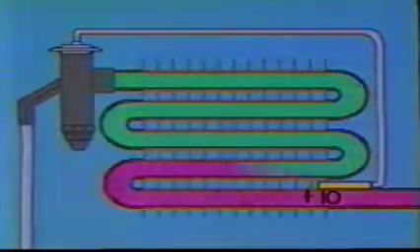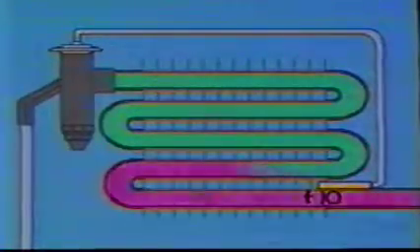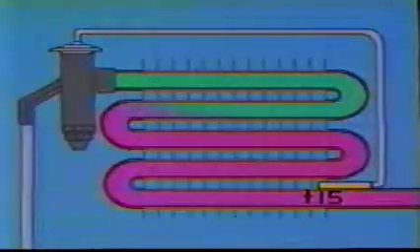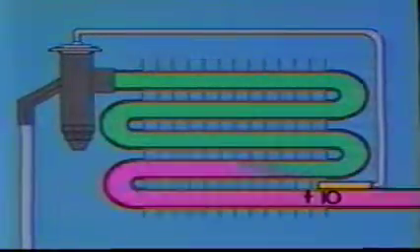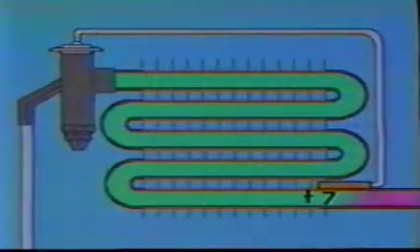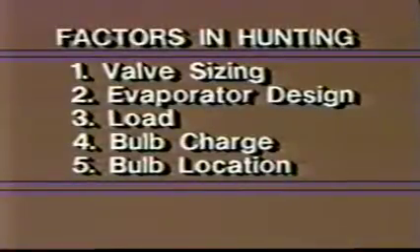Where we might normally expect to see swings of 2 or 3 degrees in superheat, and we are seeing 7 or 8 degree swings, we have a TEV that is hunting. It is hunting because the rate the TEV is changing refrigerant flow does not match the needs of the evaporator. There are a number of factors that increase the effects of hunting, and they must all be considered when adjusting a TEV.